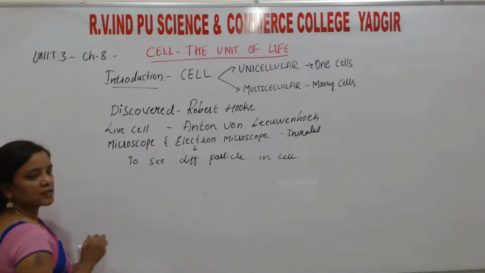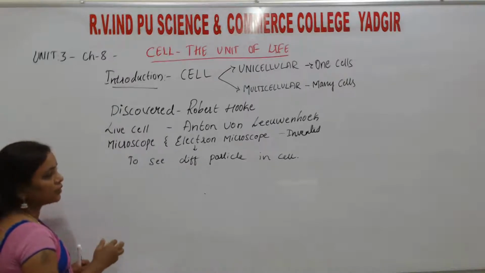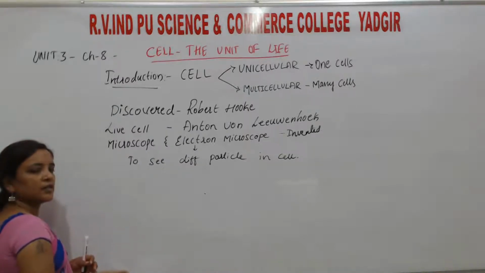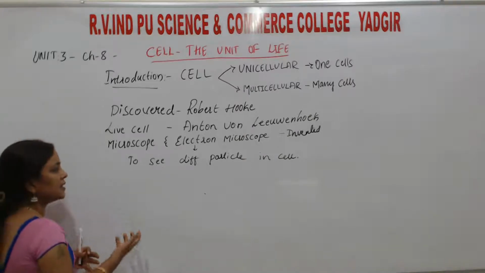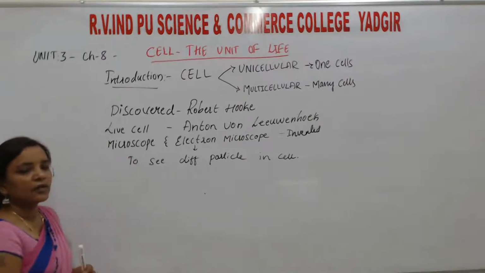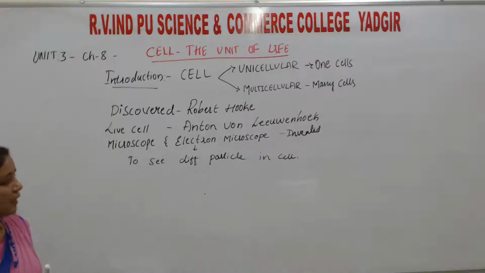The live cell was first seen by Anton von Leeuwenhoek. Further study of the cell was made easy when the microscope and electron microscope were invented.